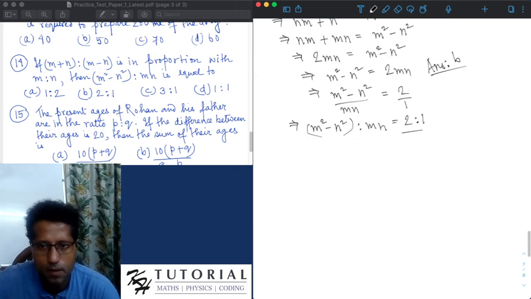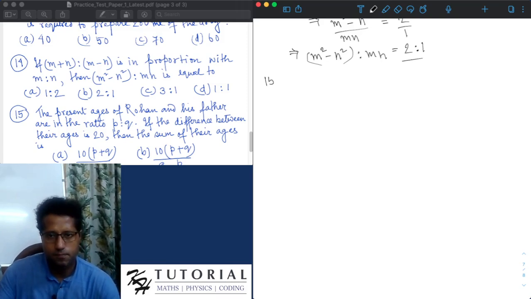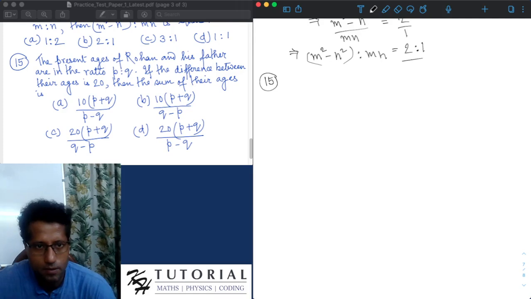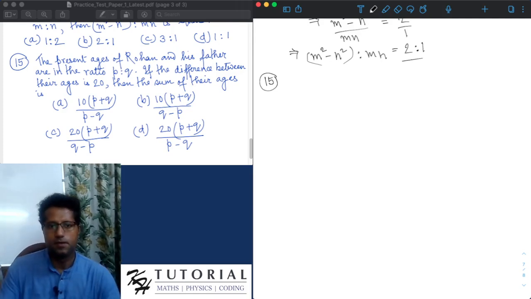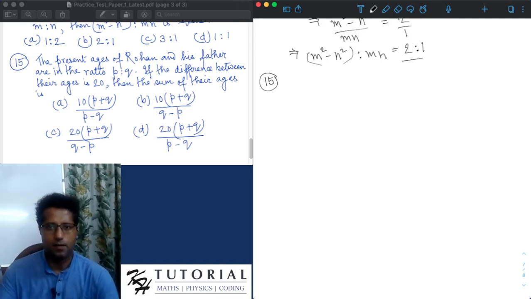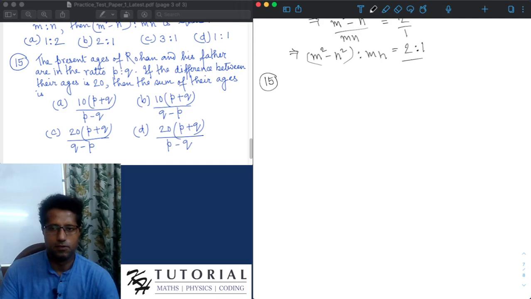Okay. Let's do the last question, that is 15. It says that the present ages of Rohan and his father are in the ratio P is to Q. If the difference between their ages is 20, then the sum of their ages is. Let R be the present age of Rohan and F be the present age of father.